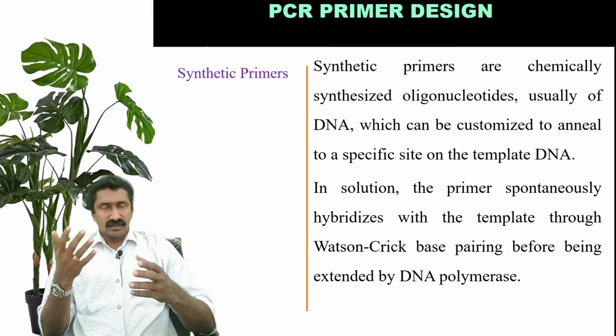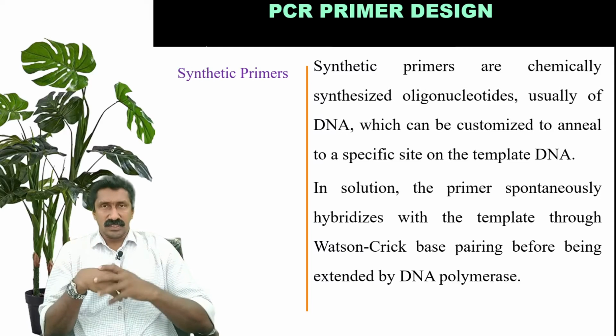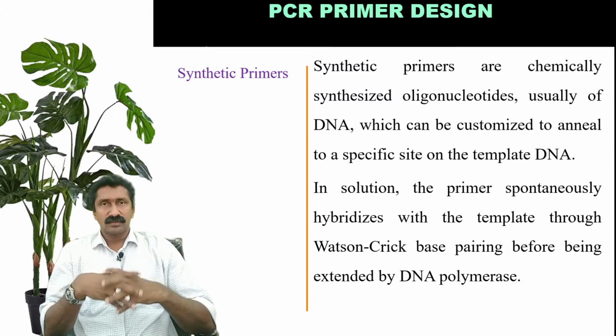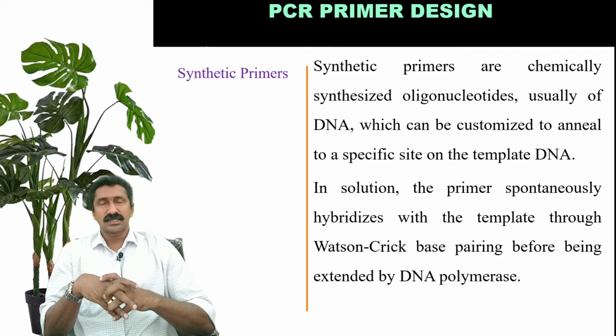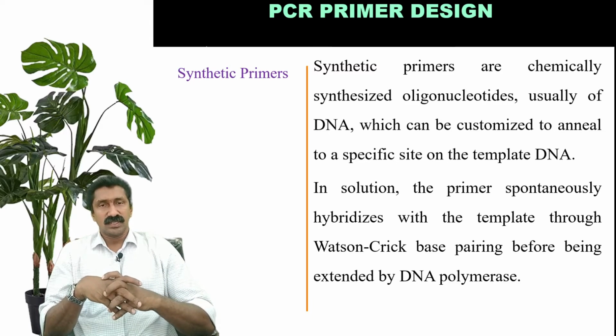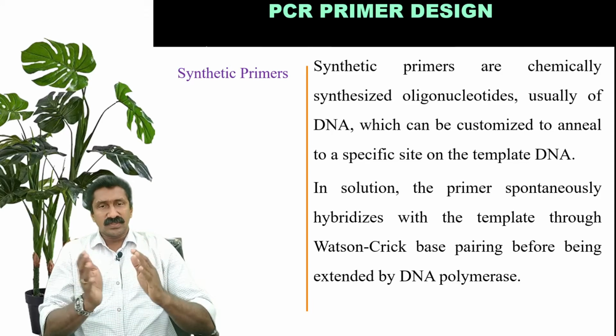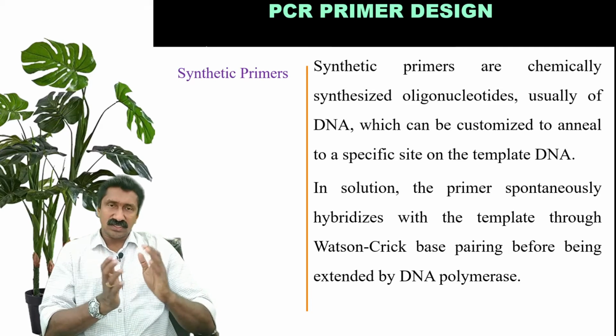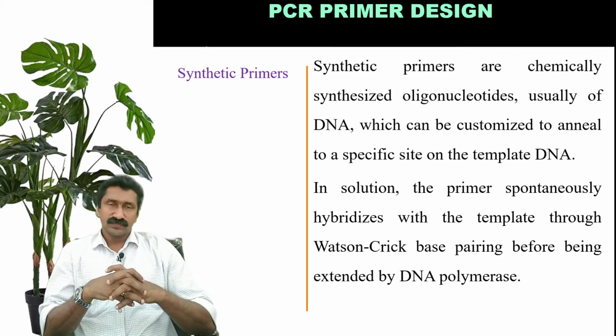Now, when we come to reactions like PCR, we require primers for in vitro amplification. There we use synthetic primers. Synthetic primers are chemically synthesized nucleotides, usually of DNA, which can be customized to anneal to a specific target site in the DNA template.